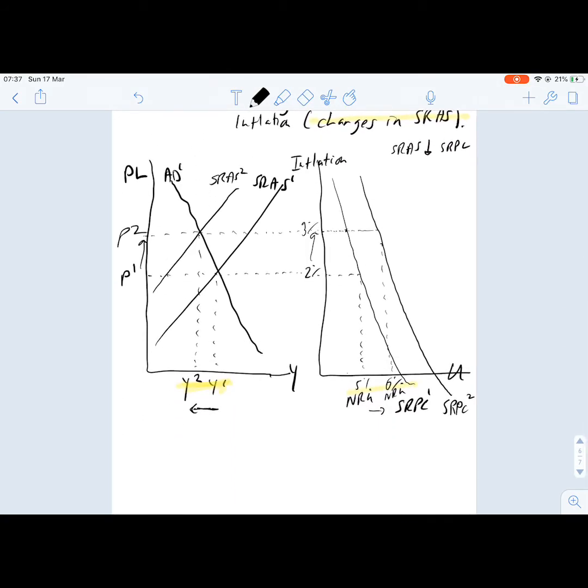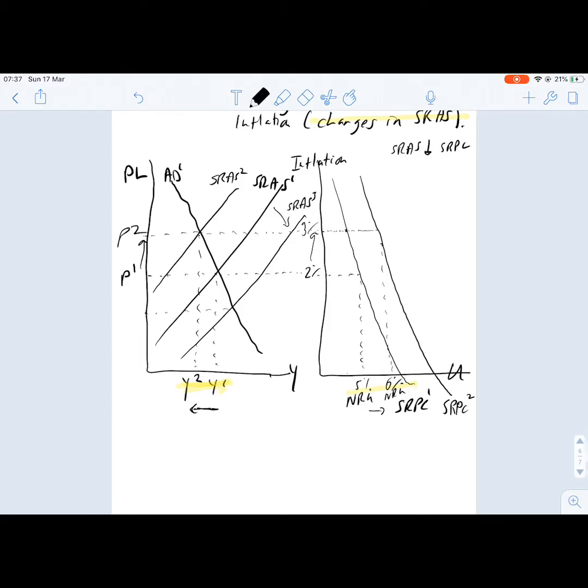Okay, now let's look at the scenario if cost of production falls. If cost of production falls, then firms are going to be more willing and able to supply products. So short run aggregate supply will shift from short run aggregate supply 1 to short run aggregate supply 3.